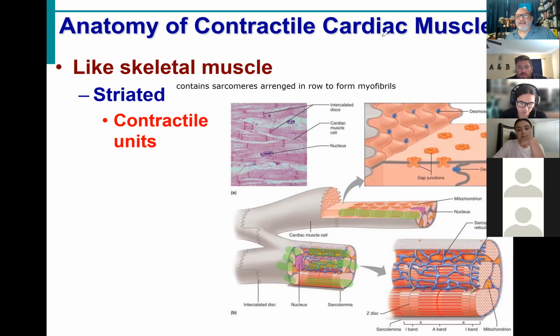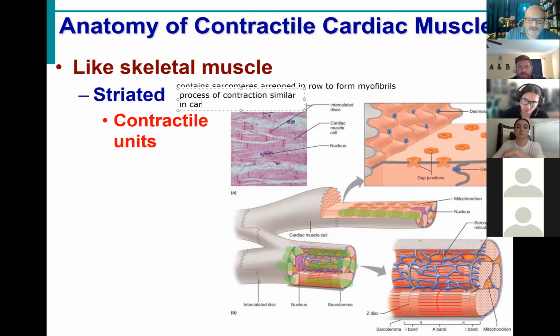The nice thing is we learned everything you wanted to know about sarcomeres and myofibrils in 430. So the good news is the process of contraction is very similar in cardiac muscle to skeletal muscle. Of course, there's that pesky word similar, not identical.